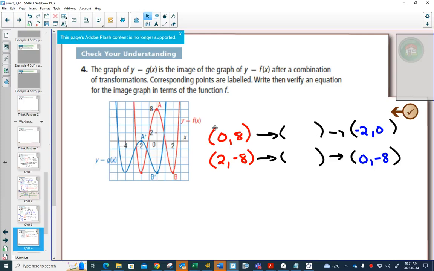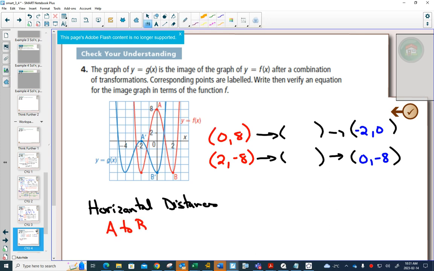If you remember that method, what we did is we first looked at the horizontal distances, and we looked on our original graph from A to B, and we looked at the image graph from A prime to B prime. So from A to B, I'm starting at 0, I'm going over 2, my horizontal distance is 2.